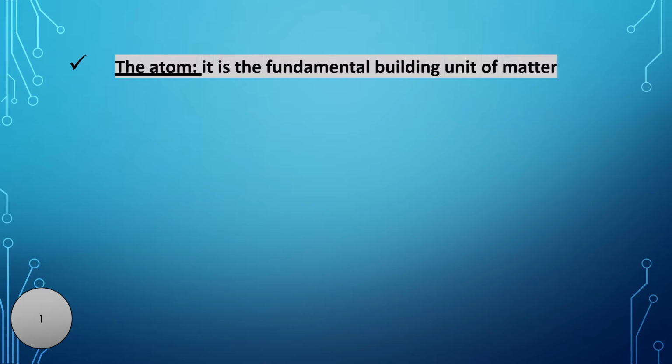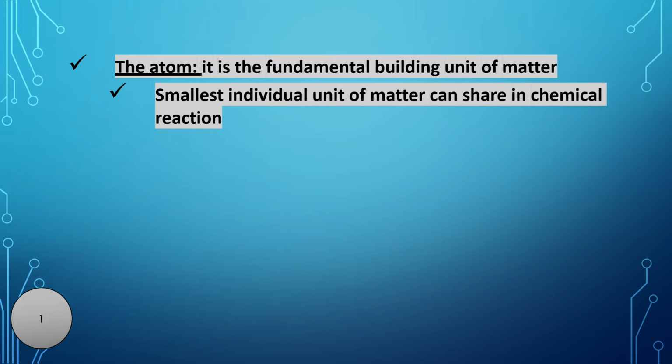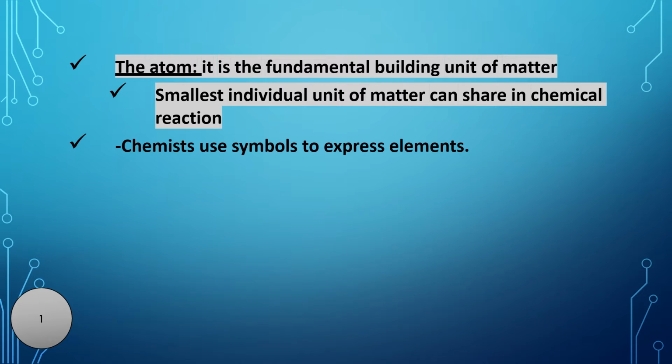We said last time that any matter consists of small units, which are called molecules, and the molecules consist of small units, which are called atoms. So the atom is the fundamental building unit of matter, and we can say that the atom is the smallest individual unit of matter that can share in a chemical reaction.